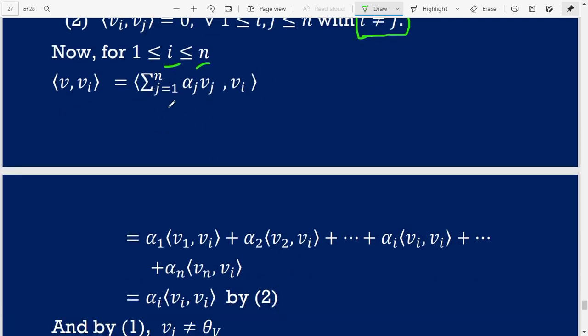So we expand the summation and we get alpha 1 times the inner product v1 with vi plus alpha 2 inner product v2 with vi plus up to alpha i times vi with vi plus up to alpha n vn with vi.